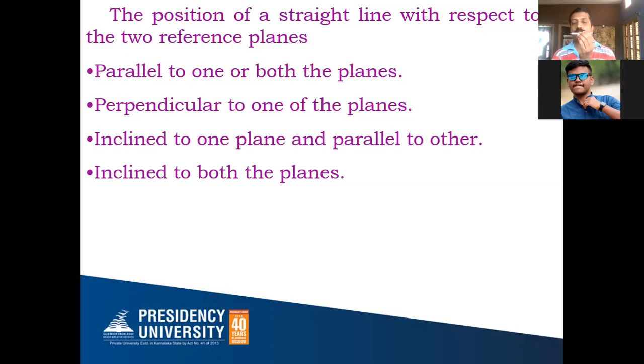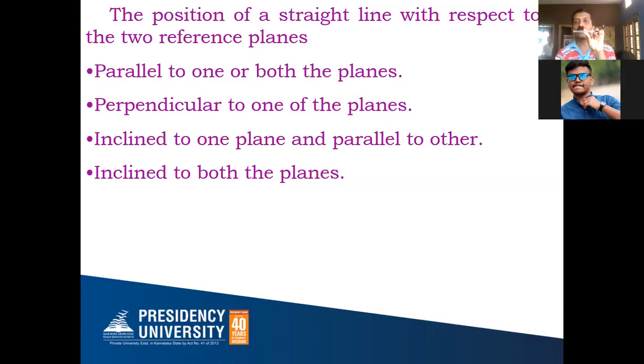If I keep the straight line in this position, assume that my floor is my HP and my wall is my VP. Now if I keep it like this, the line is parallel to HP as well as parallel to VP also.